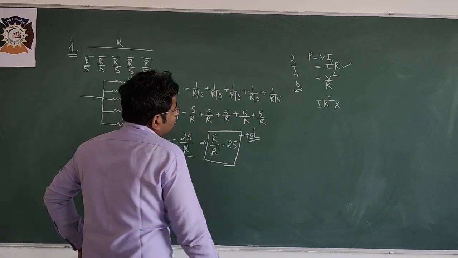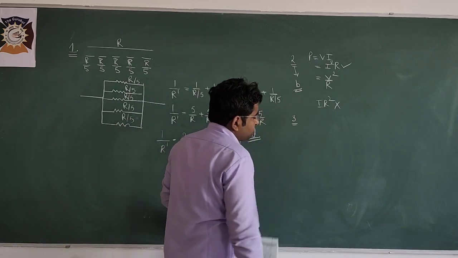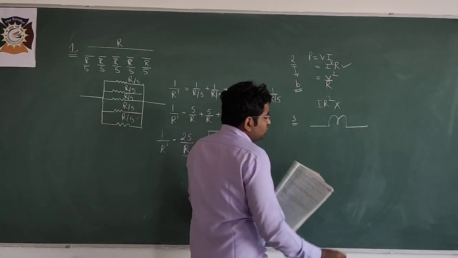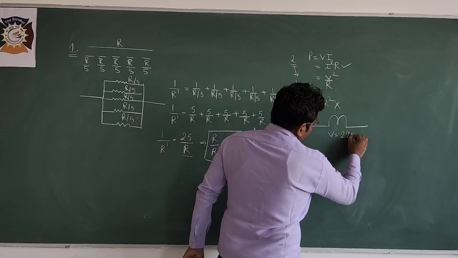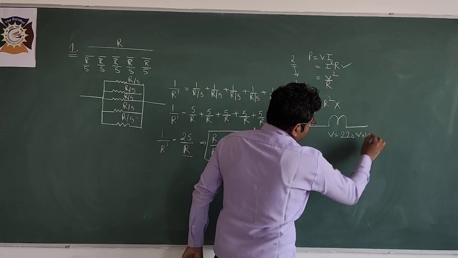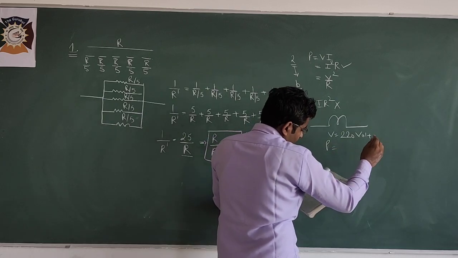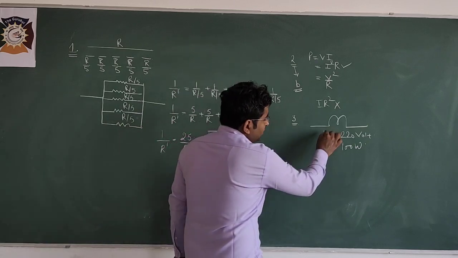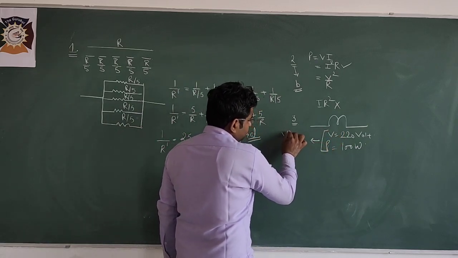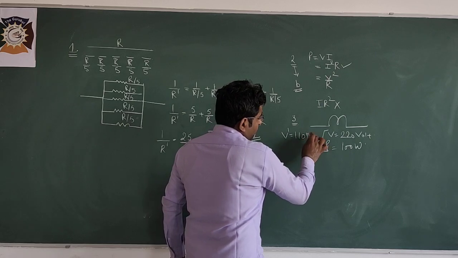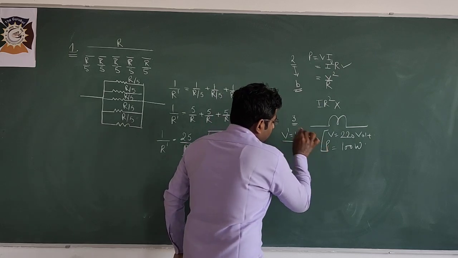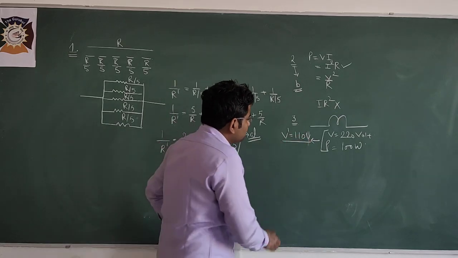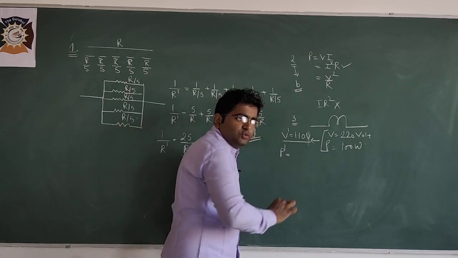So students, look, if you have this electric bulb, voltage is 220 volt, power is 100 watt. Clear? Now it is operated on 110 volt. Now power consumed we have to tell.